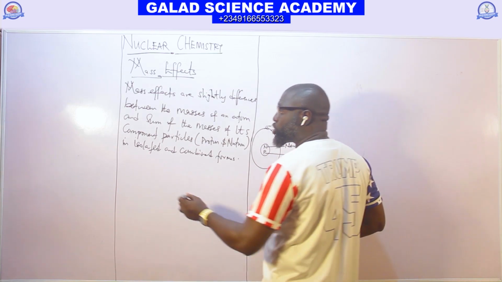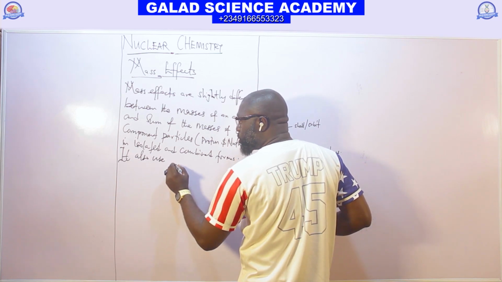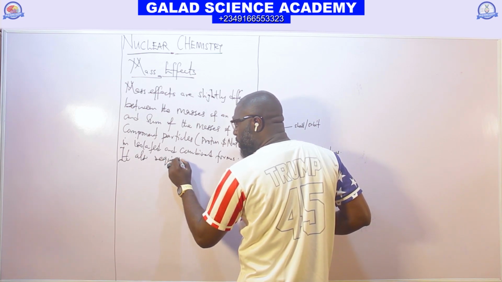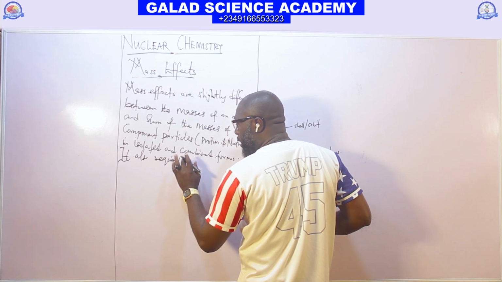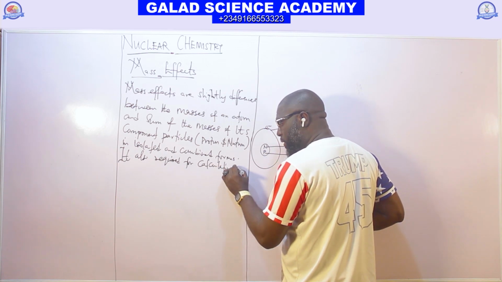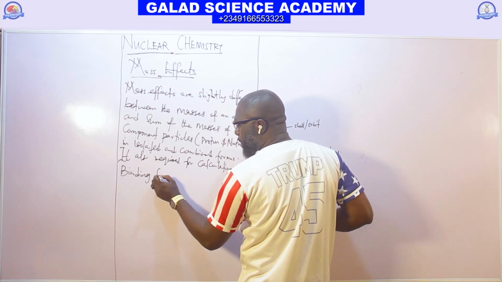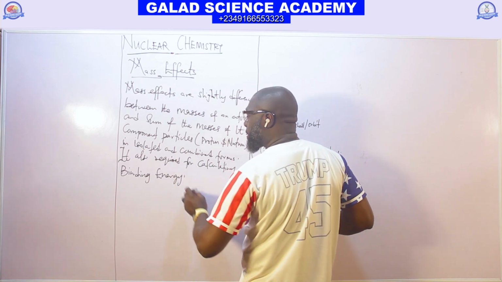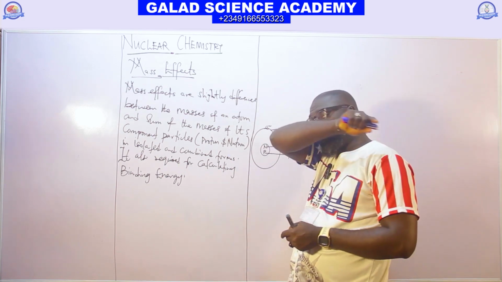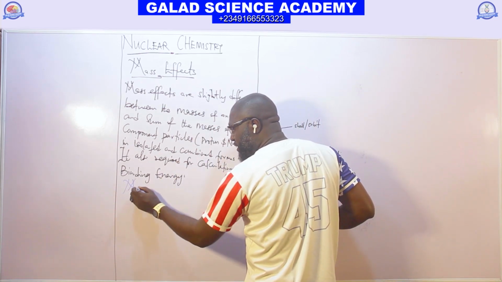This mass defect is also required for calculating binding energy. So you can use mass defect to calculate binding energy. Mathematically, what is the formula for mass defect?